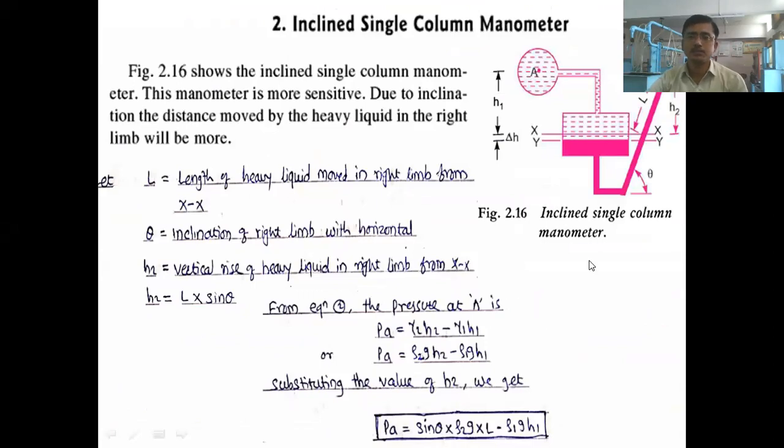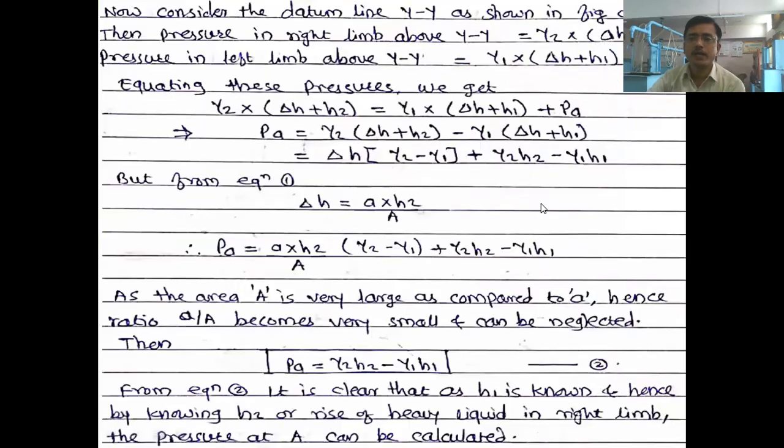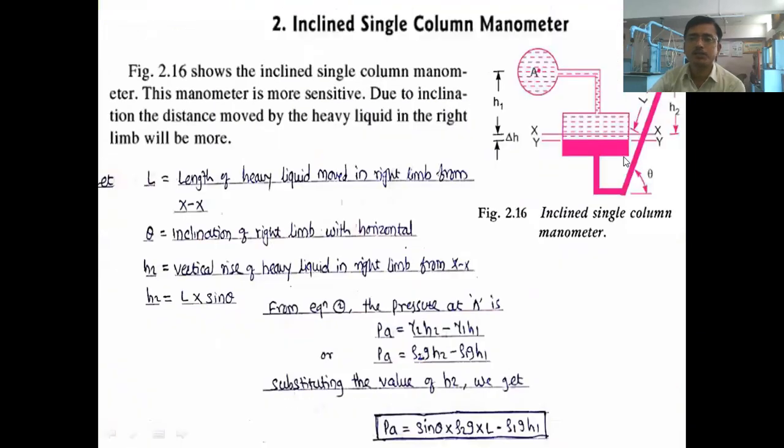Now again, one question arises. It is okay that scientists invented this kind of single column manometer to avoid the time for doing the calculation. But why is it necessary to go for this kind of manometer again?